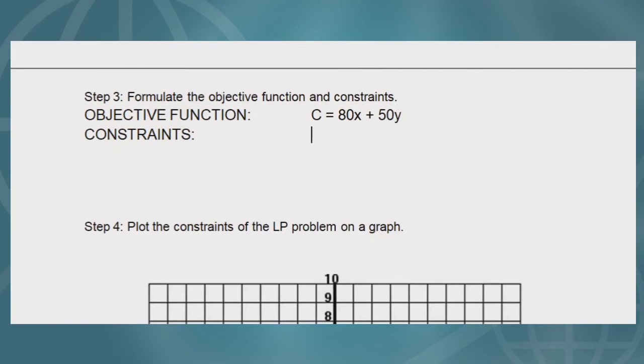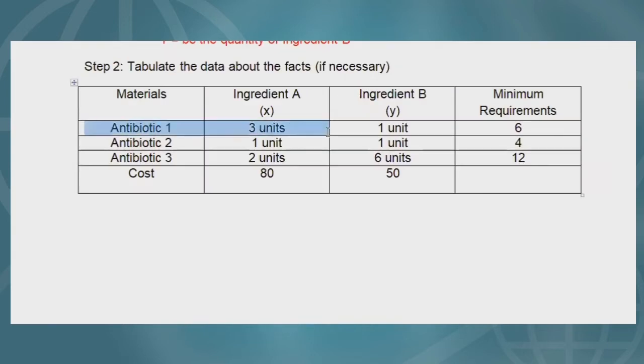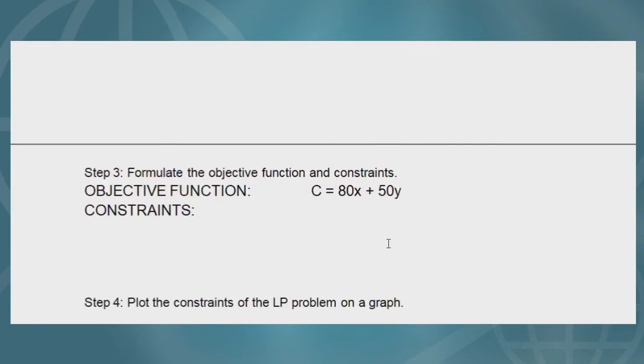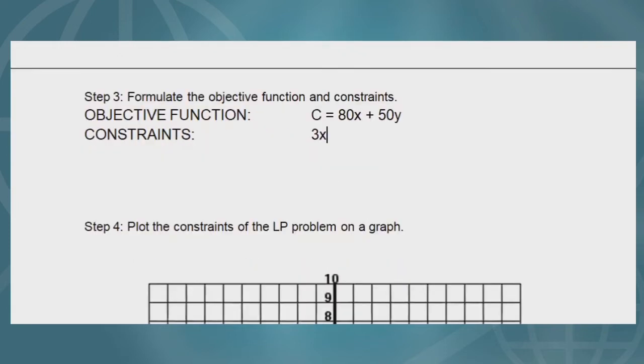Then constraints. So for each antibiotic, kukuhanin natin yung proportion. Ayan. So, first row, antibiotic 1, 3 units for ingredient A, 1 unit for ingredient B, then 6 ang minimum requirement. So, 3x plus 1y greater than or equal to 6, or just 3x plus y greater than or equal to 6.